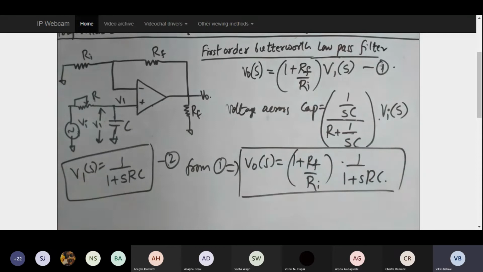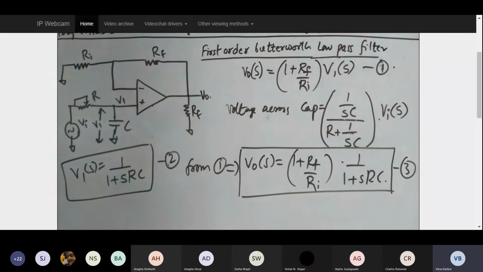Whatever equation you are seeing, equation number 3, is my output voltage after the signal passes through the op amp, and this is how my filter is going to behave. From this equation, I'm going to get some information, because earlier I told you this is the filter and it should pass certain lower frequency signals and block the higher frequency signals. How is it going to behave?